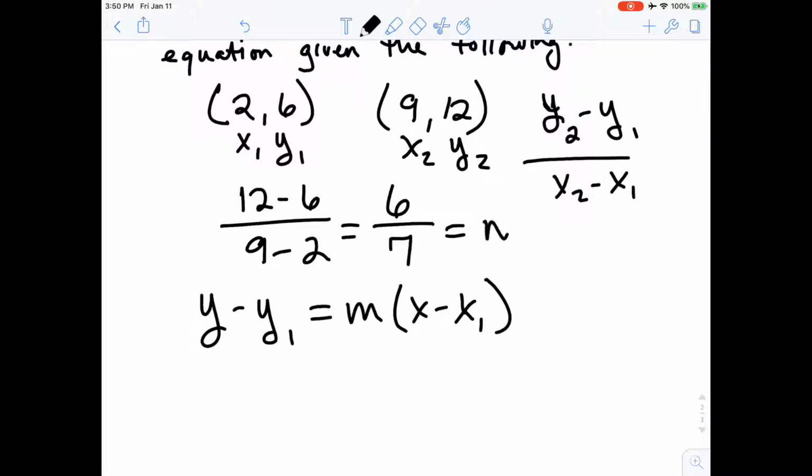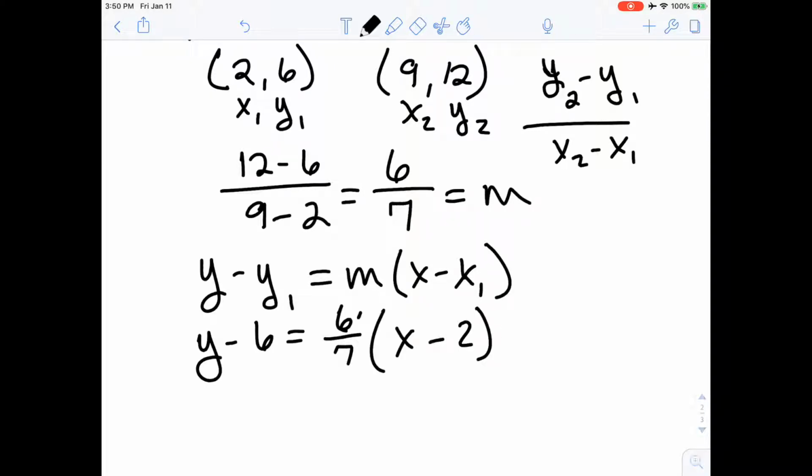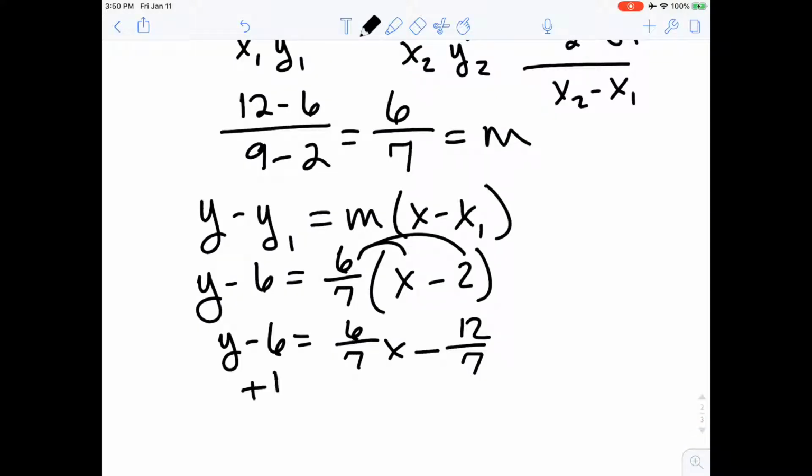Remember, this is my m. So it's y1 and x1, so I use those two points. We have y minus 6 equals 6/7 times x minus 2. I distribute my 6/7, so I have y minus 6 equals 6/7 x minus 12/7. And then you can add 6.